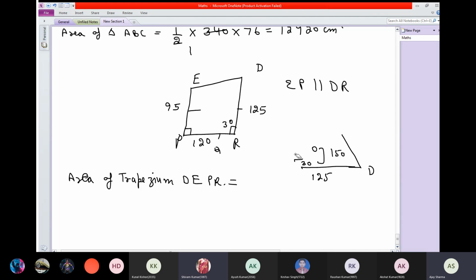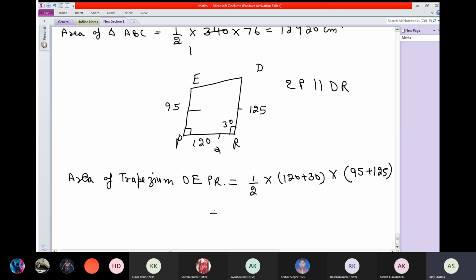Now this is again the trapezium, and now you can find the area of the trapezium, that is 1 by 2 multiplied by height, 120 plus 30. That is your height, and multiply by the sum of the parallel sides. One side is 95, another side is 125.